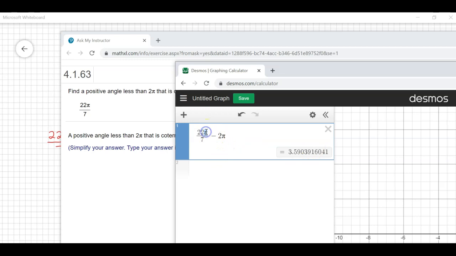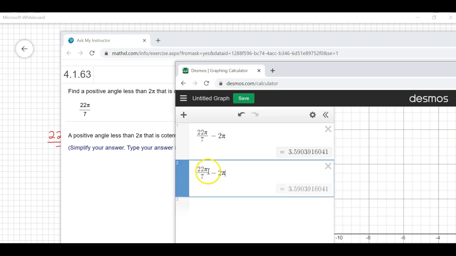What I'm going to do is ignore the pi. It's basically like I'm factoring out pi. Let me put it back in so you can see: if I take this pi away, wrap this in parentheses, and stick the pi back on after the parentheses, I factored the pi out. These are equivalent. So if you can figure out what this is and just stick the pi back on, you've got the equivalent answer.